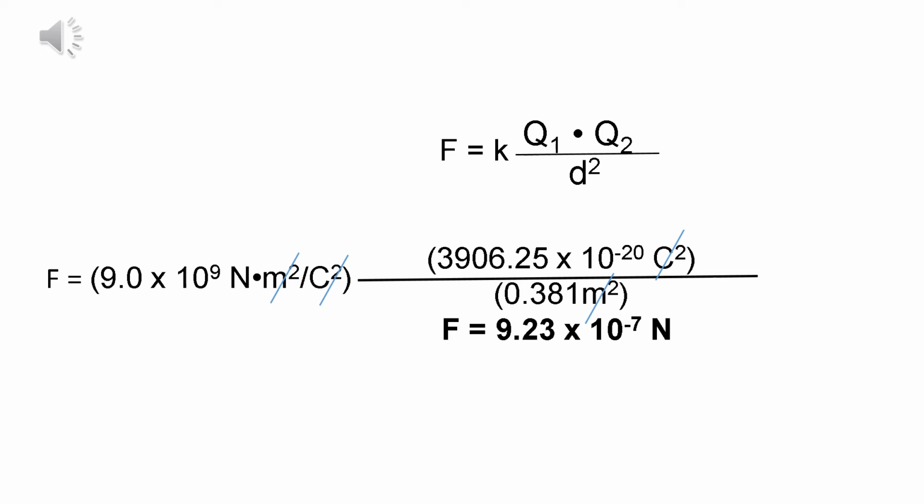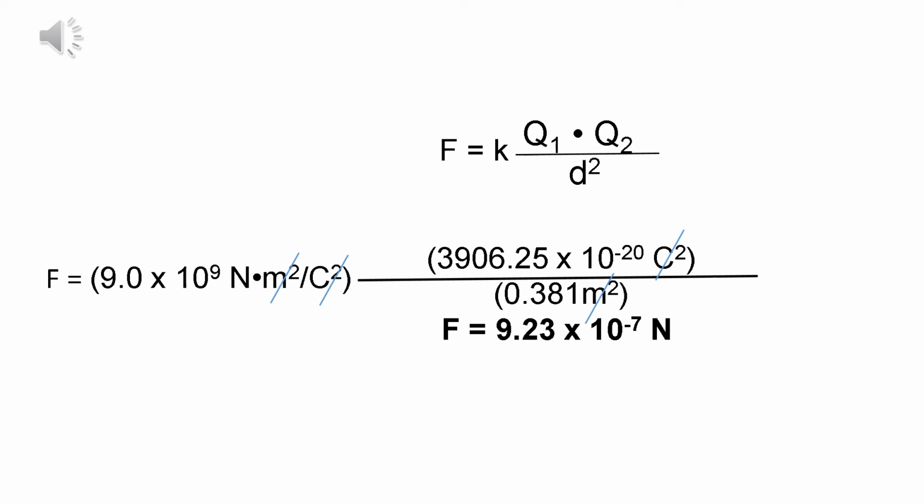Now, when calculating this, first multiply the charges. So the product of negative 6.25 nanocoulomb is 3,906 raised to negative 20. Then this 3,906 will be divided by 0.381.